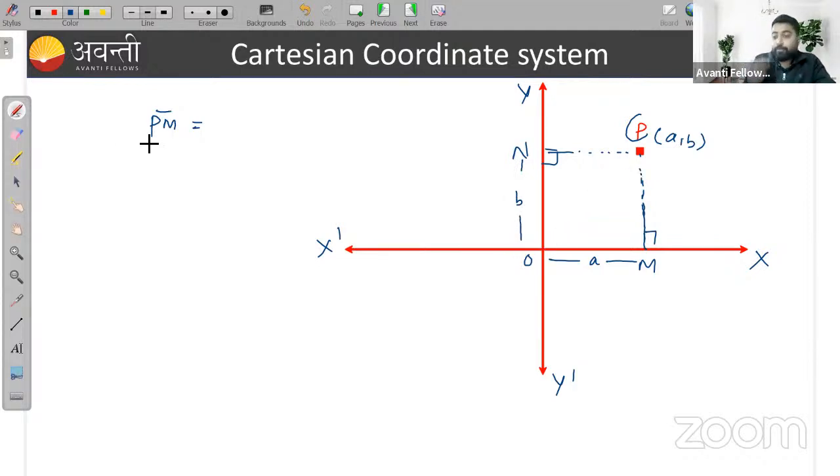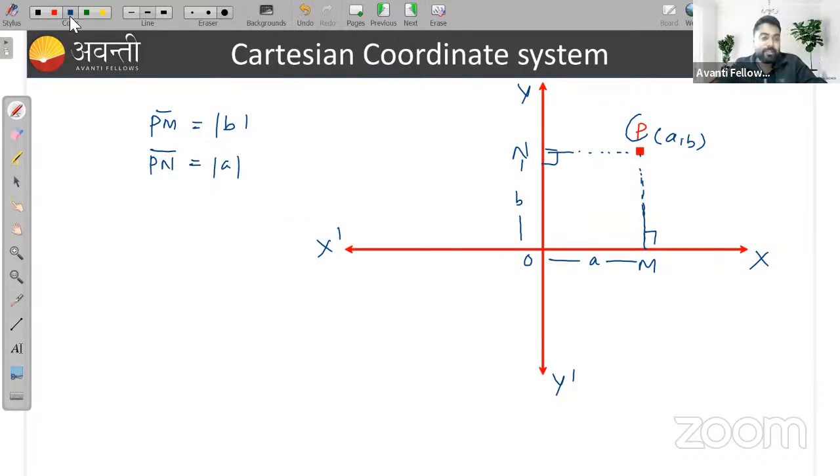So if I ask you to find the perpendicular distance from point P to the x-axis in this figure, what should be your answer? That is mod b. And from point P to the y-axis, what is the length? That is mod a, or we can say PN. The length of PN is mod a.